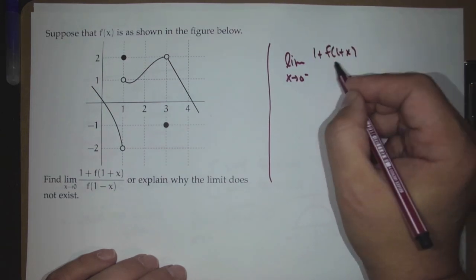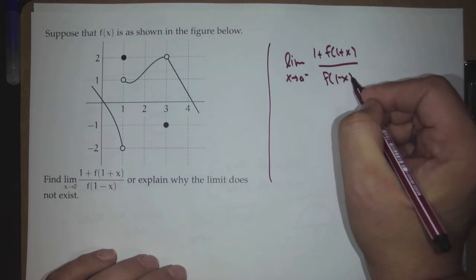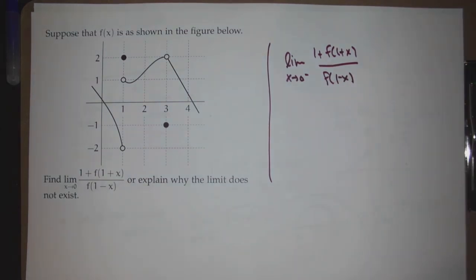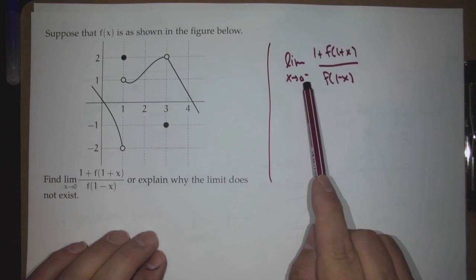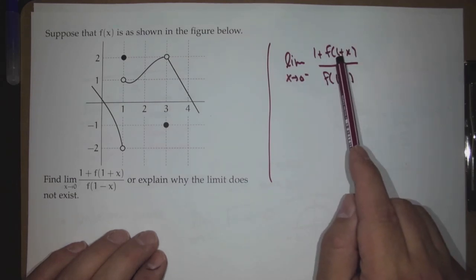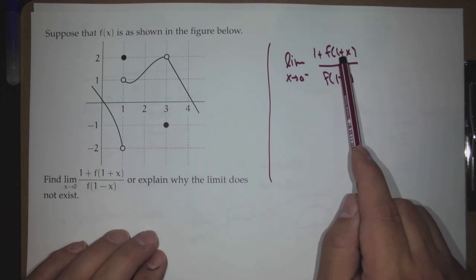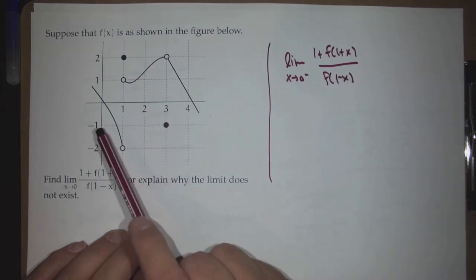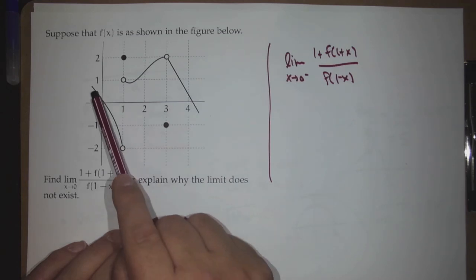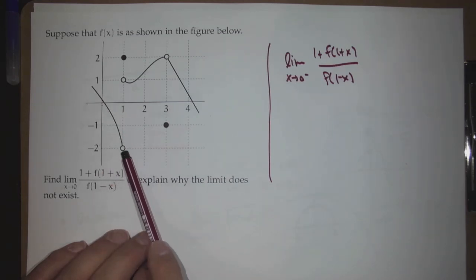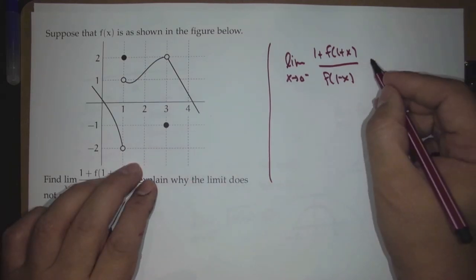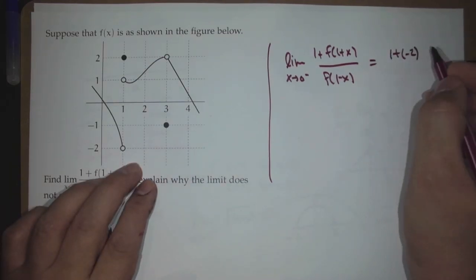Now here we don't have an explicit formula, so we just have to think about what's going on. So if I'm approaching 0 from below, what kind of number am I? Negative. So what's happening to 1 plus x? It's approaching 1 from which direction? From the negative direction, from below. As I approach 1 from below, what is f doing? f is approaching what value? Negative 2. So the top is going to 1 plus negative 2.